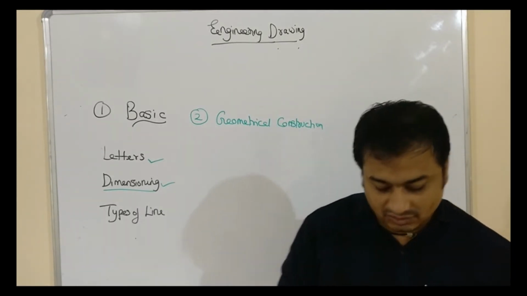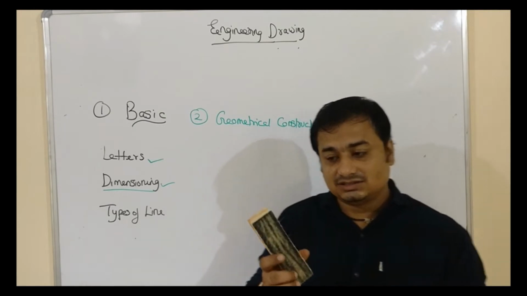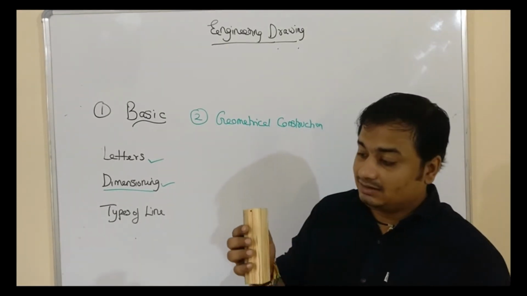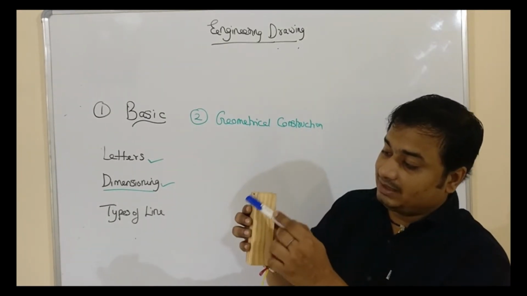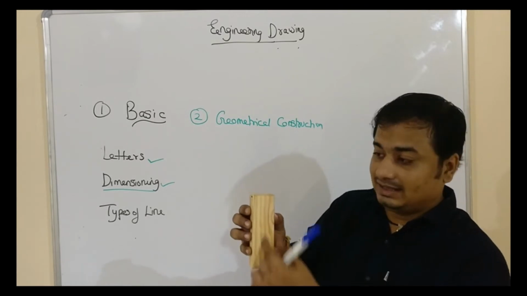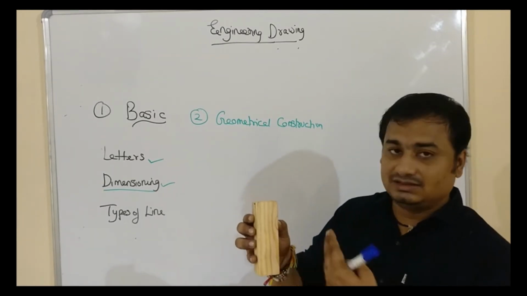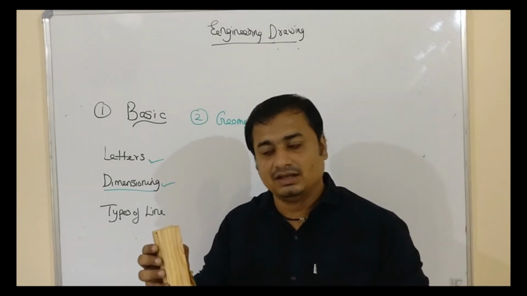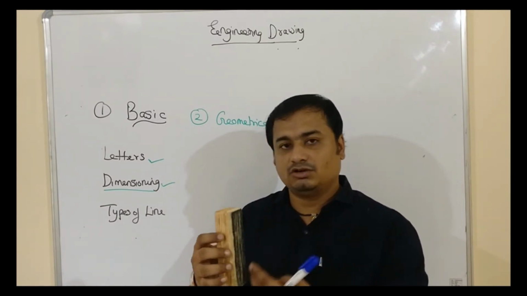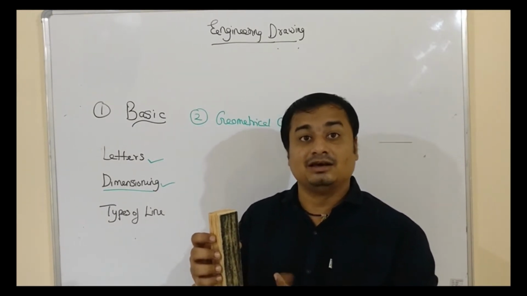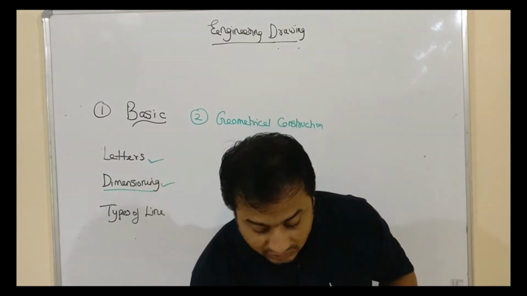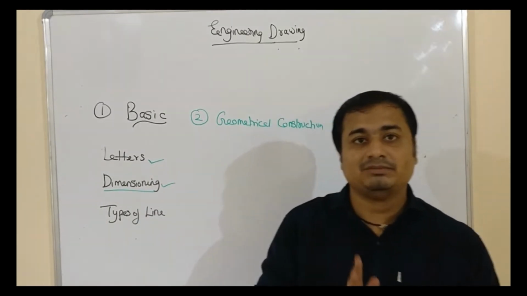These are called primitives. If we talk about a duster, what are the primitives involved? These edges are represented by a line. This rectangle is a plane. So the entire duster is composed of rectangles and a number of lines. All the components are composed of some primitives.